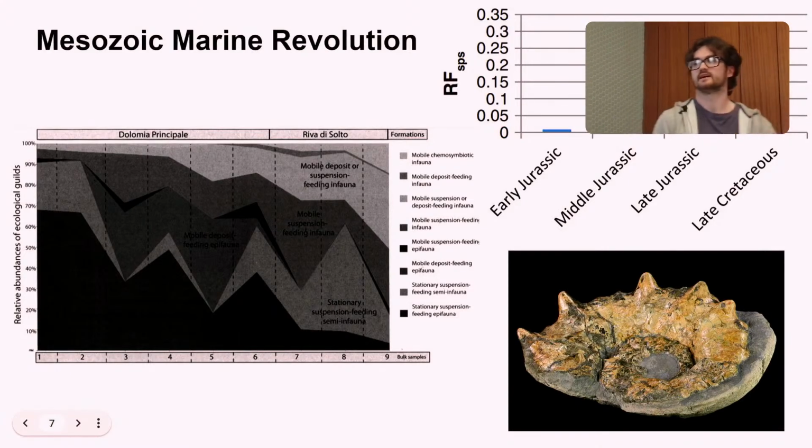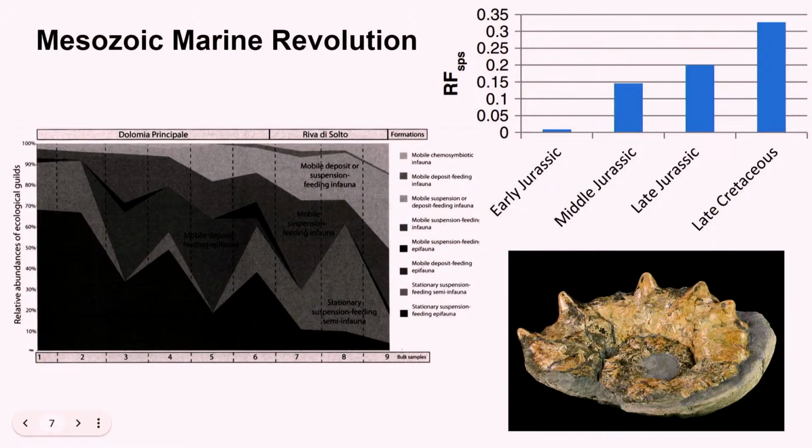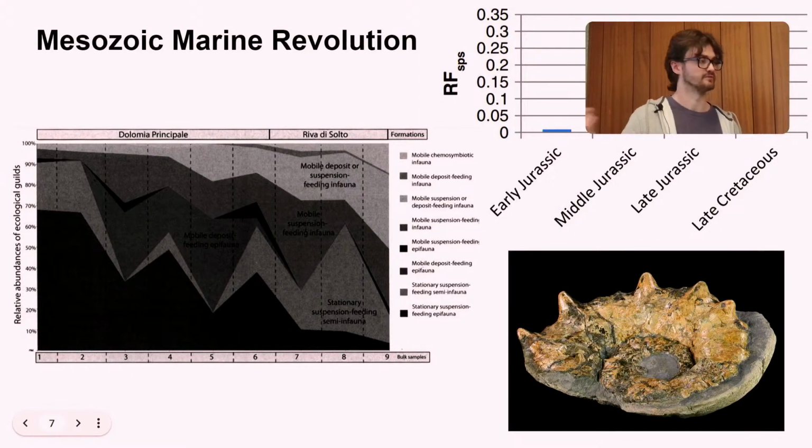The reason for that is that if you can't move and you're just on the surface of the sea floor, you're easy prey. So animals were becoming more infaunal and more mobile. We also see in the fossil record an increase in bioturbation in the Mesozoic compared to the Paleozoic, which is reflective of that.